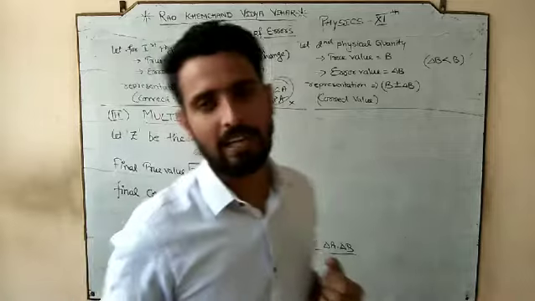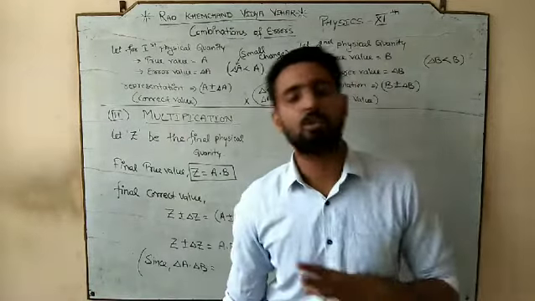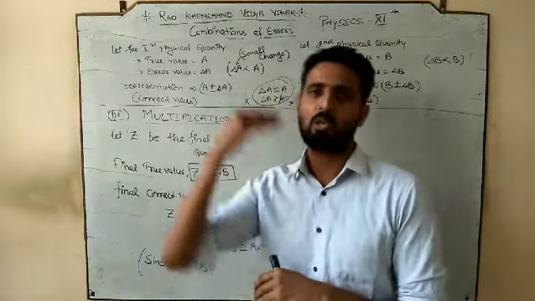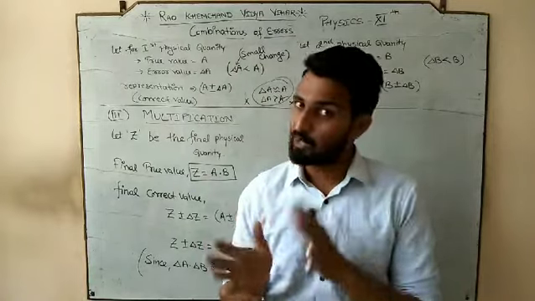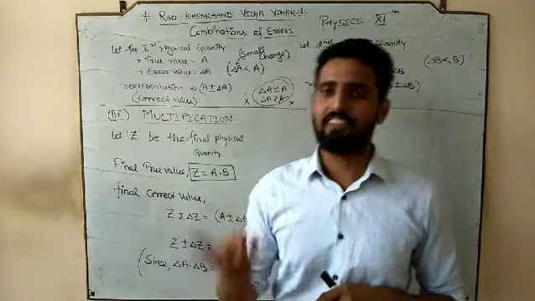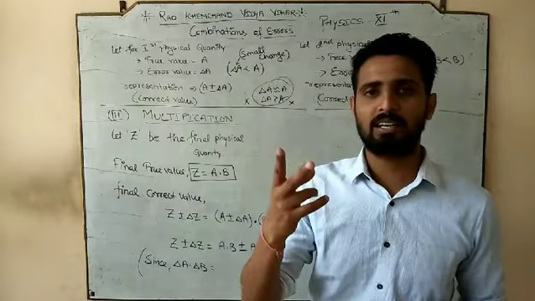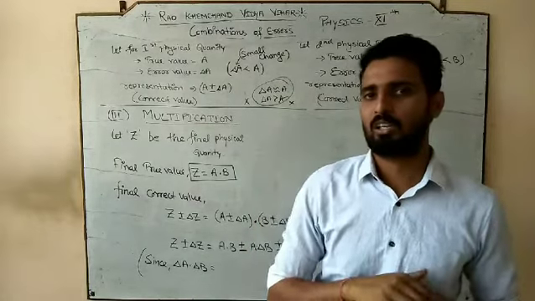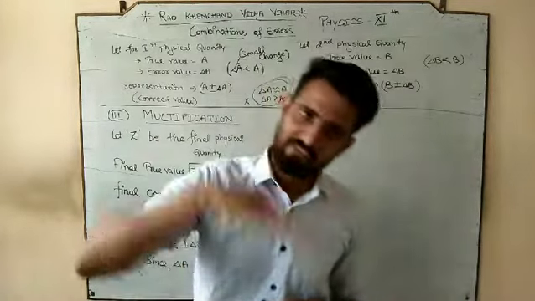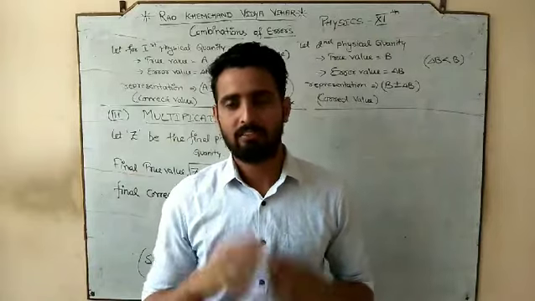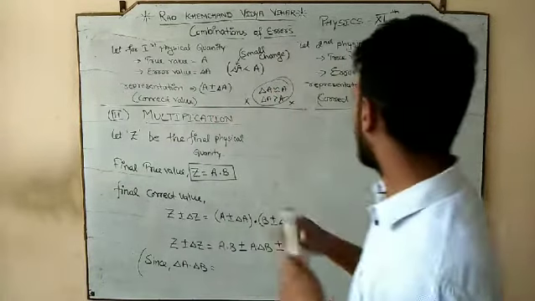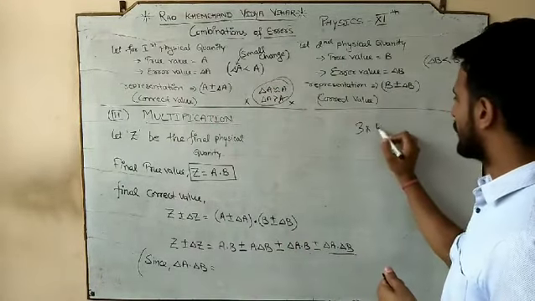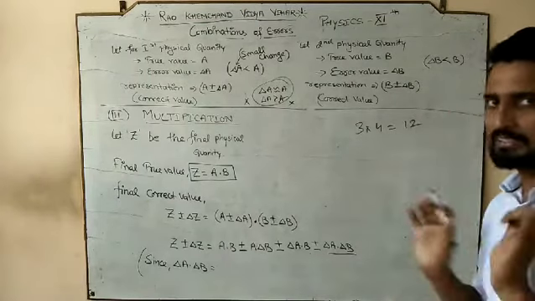You all know that when we multiply two numbers, the value usually increases. But on the other side, when we multiply two numbers which are very small, the value decreases very much. When we multiply 3 into 4, it would be 12. That's okay.